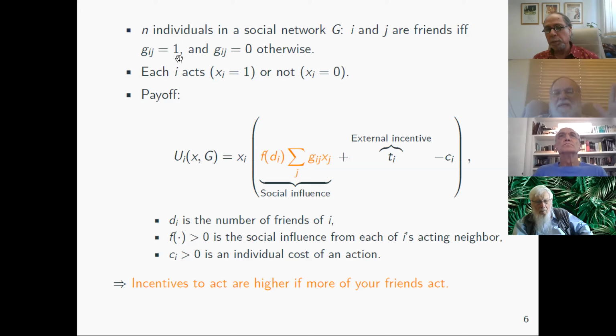Di is the number of friends that i has. I'm asking, is that the same as the summation of Gij over j? Yes, it's the summation of Gij. So you have this summation appearing twice. Let's make it clear. Yes, but I have a simpler notation for this, which is Di.